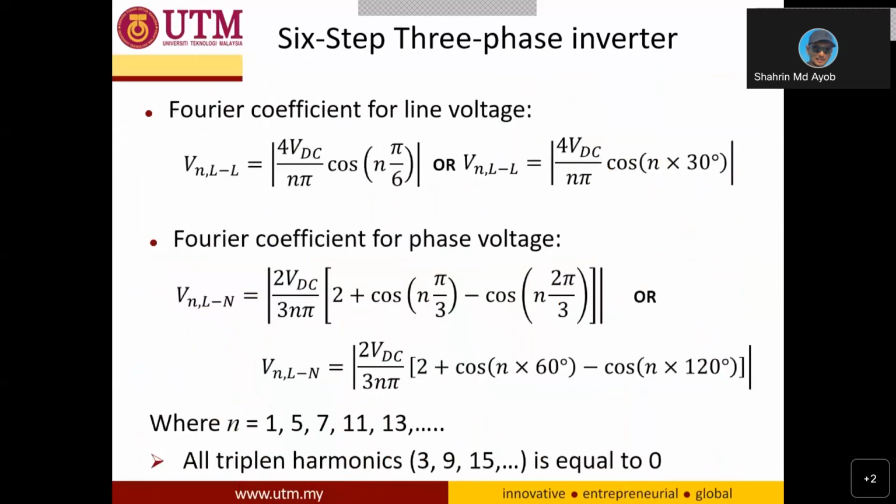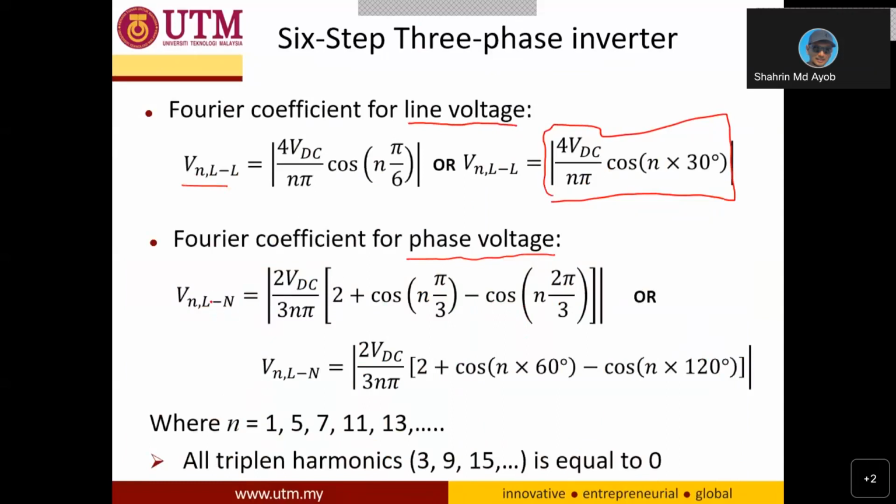This is the Fourier coefficient for the line voltage. The first equation is for the line voltage, Vn line to line, referring to the harmonics voltage. And this is for the phase voltage.